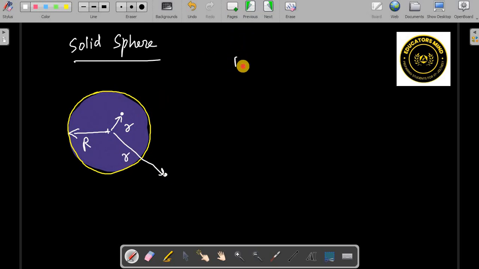Okay, so first we will write for r less than or equal to capital R. What is the formula for the potential?